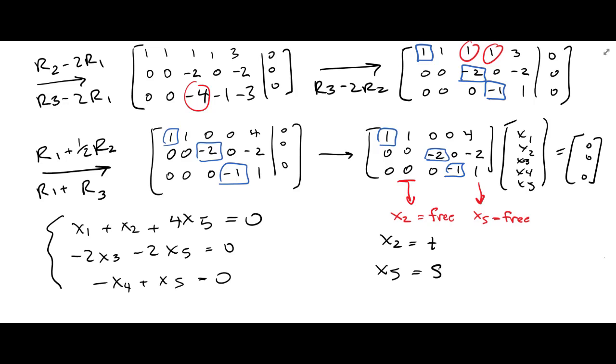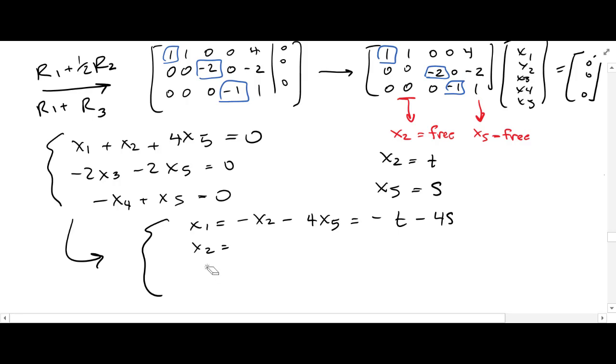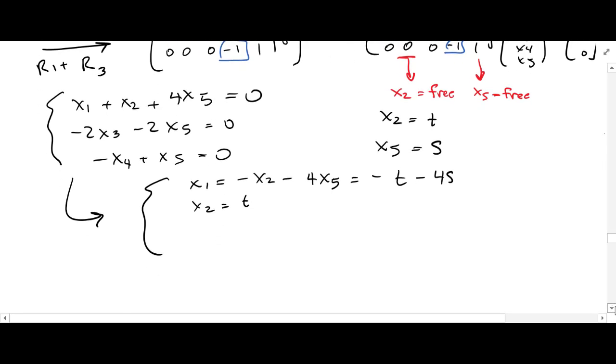If you rewrite the system of equations, X1 is minus X2 minus 4X5, which is minus t minus 4s. X2 is t. X3 from this equation is negative x5, which is negative s. X4 is x5, which is s. And x5 is s.